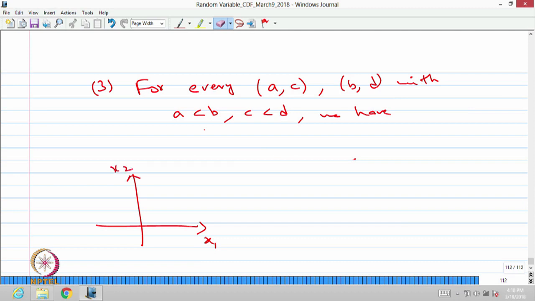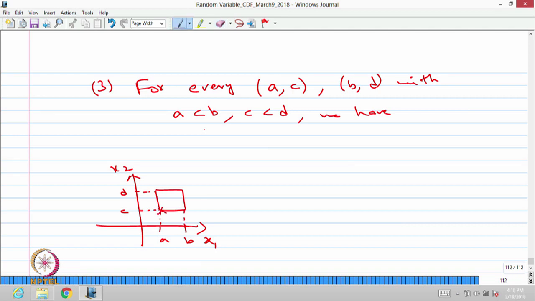That is easy. I can take a small box in which this is A and this is B, and this is C and this is D. Correct?